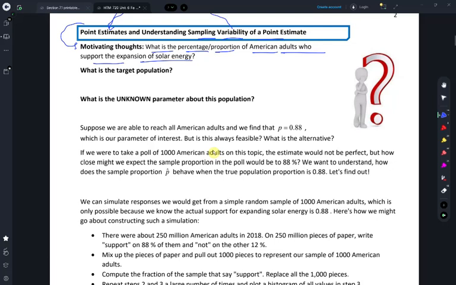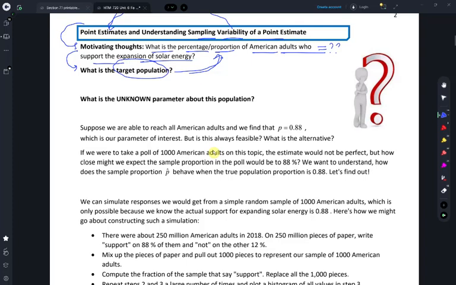In statistics, in order to use data to drive decision making or arrive at an informed value, an educated value of what this unknown population characteristic is, we collect data about the target population, which brings us to the question, what is the target population as far as this research question is concerned?